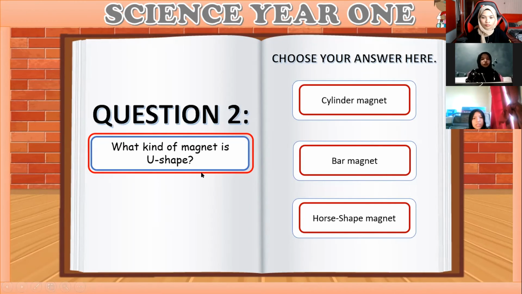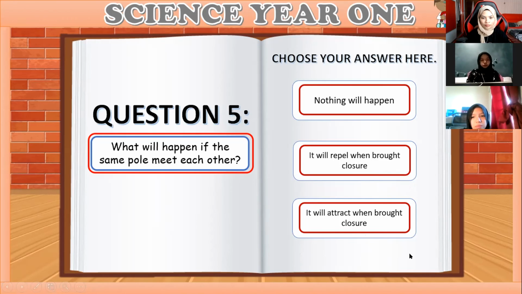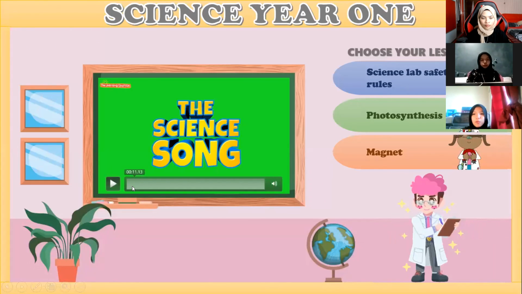If the student answers wrong, let's say here, the student needs to try again, and so on. Here are the images. The student clicks to go back to the main menu. And that is all from our group.